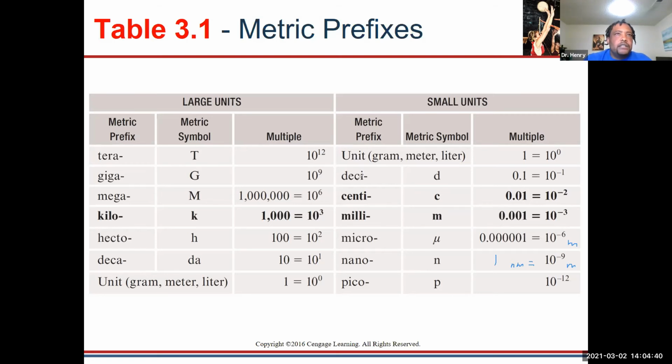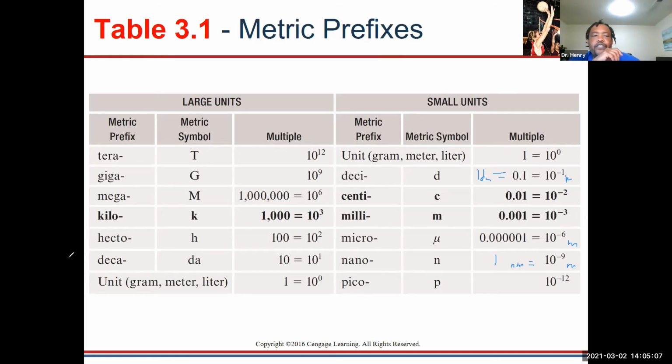Deci, deca, a decade. How many years is a decade? 10, right? So deci reminds me of 10. So I know that 1 decimeter will equal 10 to the minus 1 meters, or 10 decimeters will equal 1 meter, right?